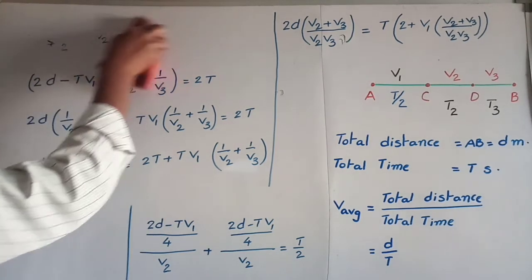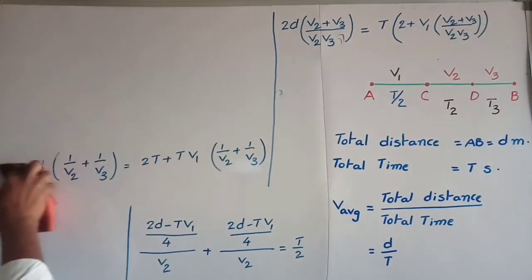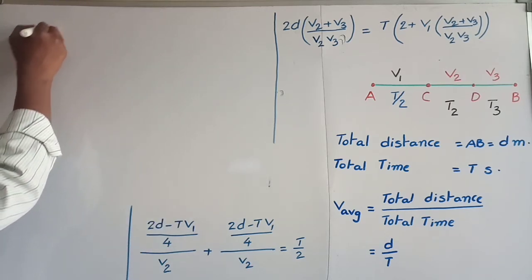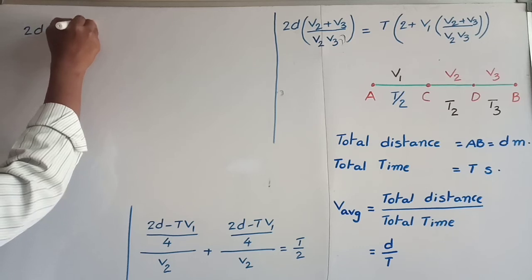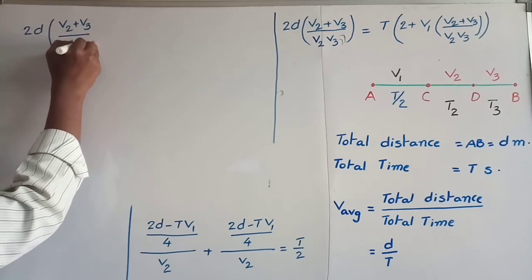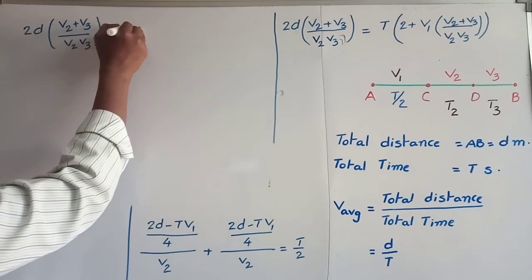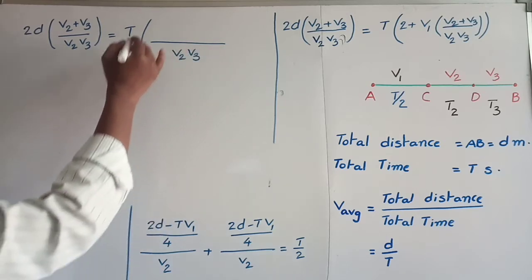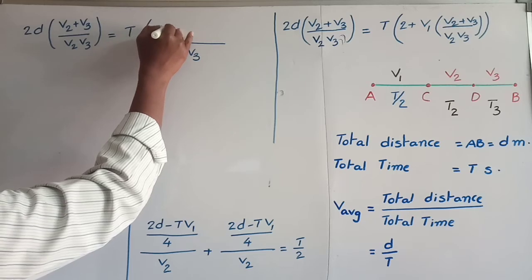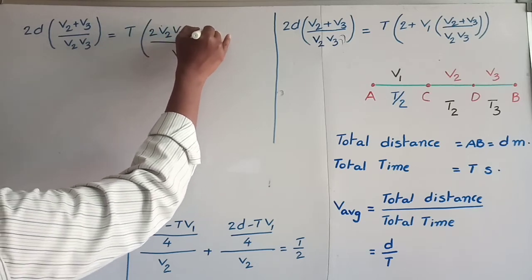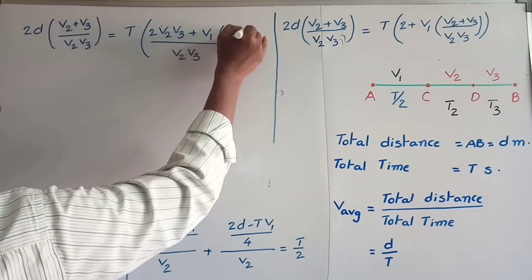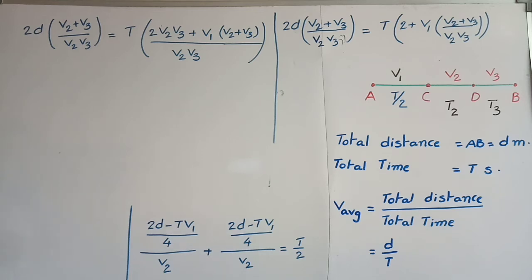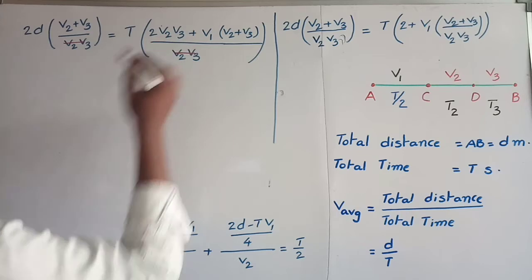For that, from that, 2D into (V2 plus V3) by V2 V3 is equal to T into, take the LCM here, V2 V3 is the LCM, 2 times 2 into V2 V3 plus V1 into (V2 plus V3) we can get. On both sides V2 V3 gets cancelled.